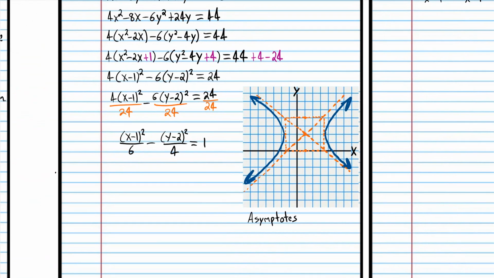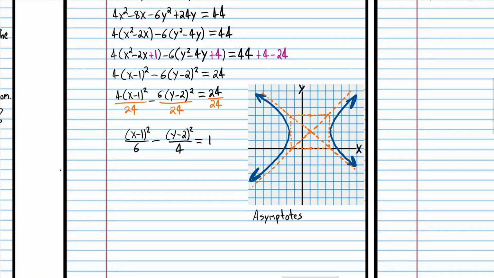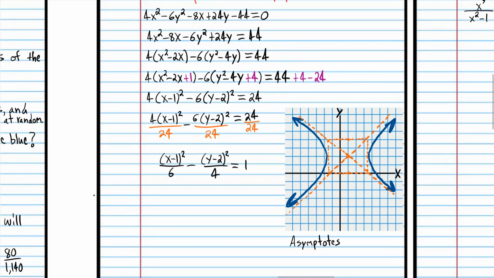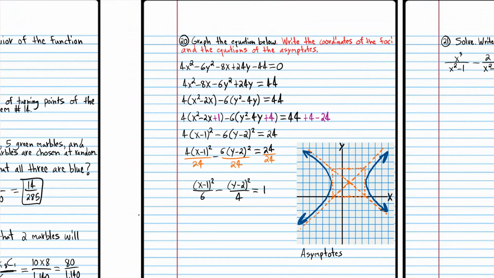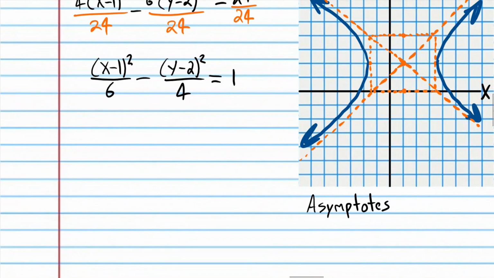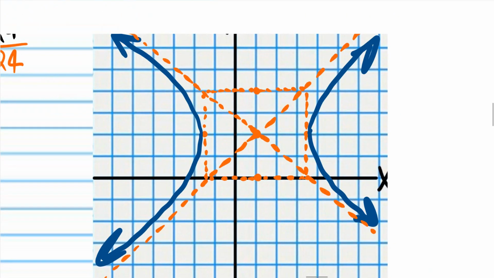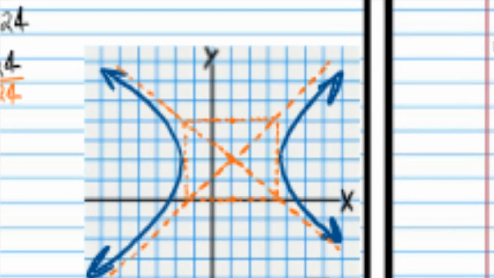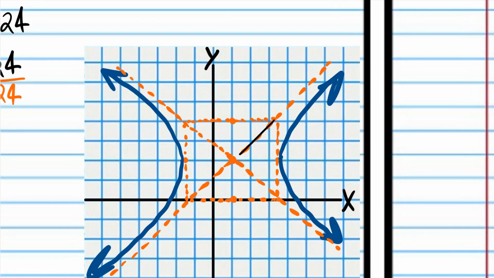Okay, so we've got our graph, and we need to find the coordinates of the foci. So to do that, we need to draw a triangle to help us remember the equation that we need to find the distance from the center to the foci. So that is this triangle here.